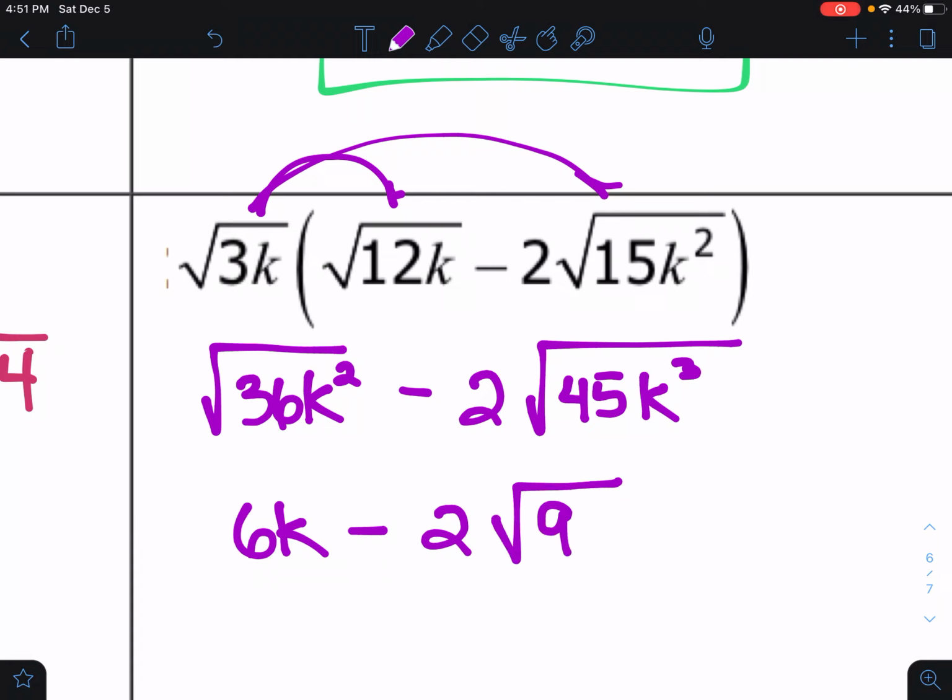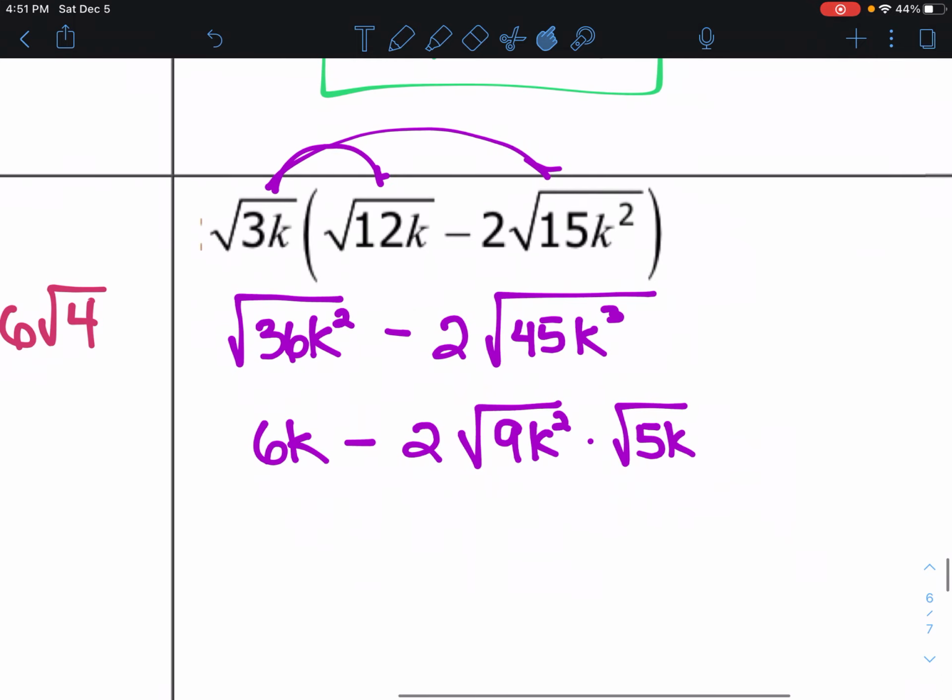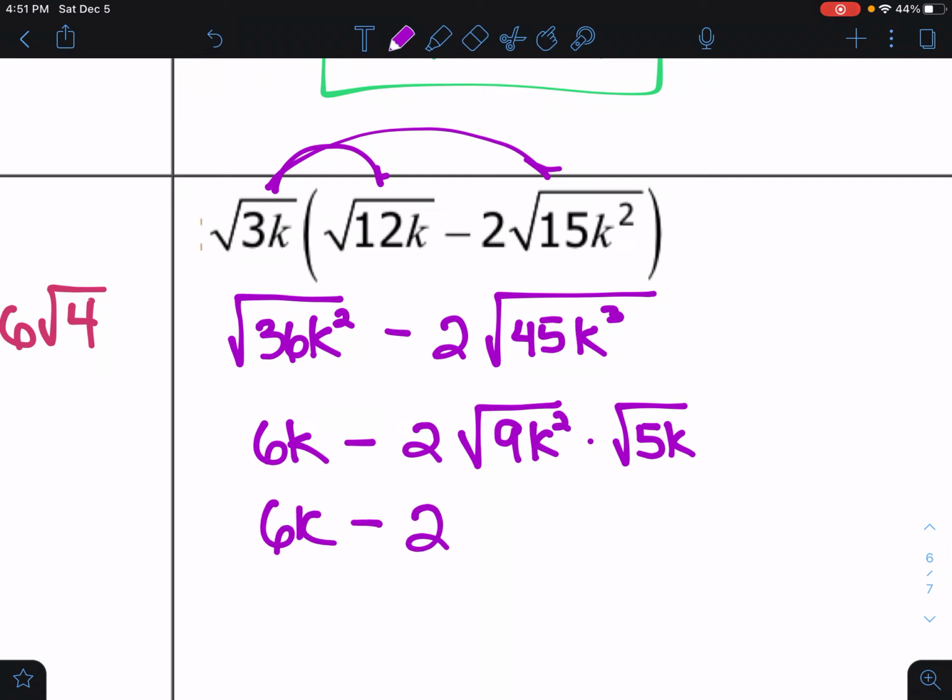So let's see, 9. And then we want multiples of 2, so k squared. 9 times 5 is 45. And then I'd have one more k left over. All right. And then simplifying this, finishing it up. That'd be 3k.